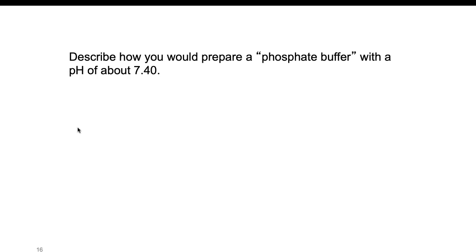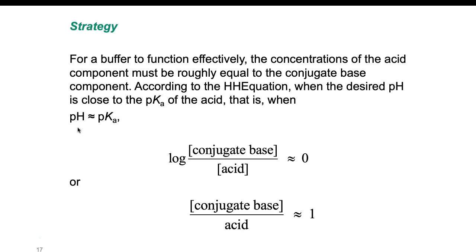Describe how you would prepare a phosphate buffer with a pH of about 7.40. For a buffer to function effectively, the concentrations of the acid component must be roughly equal to the conjugate base component.